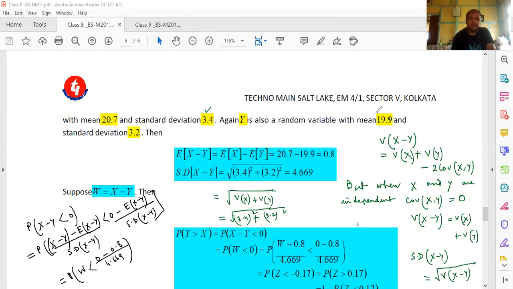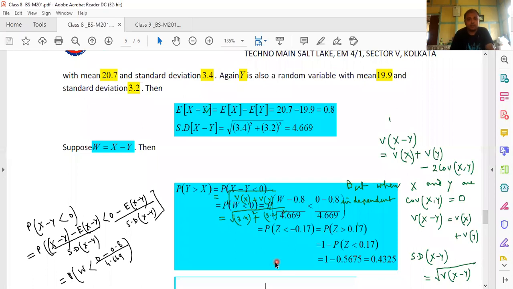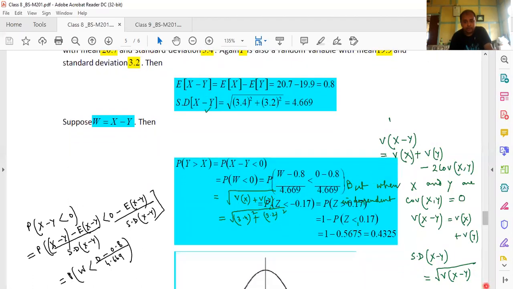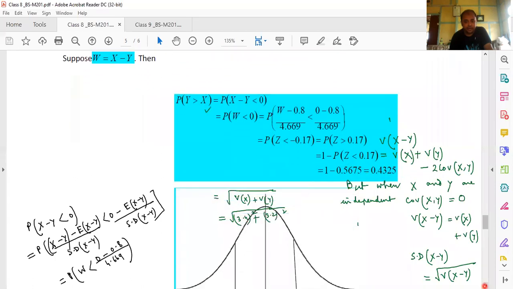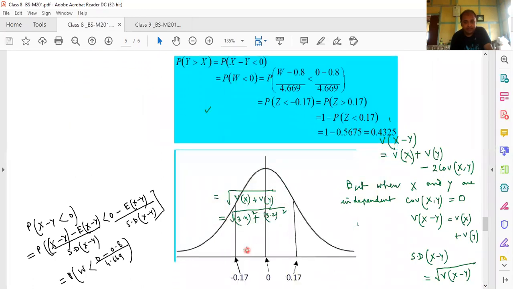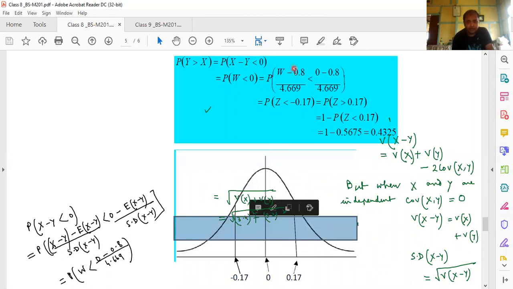And ultimately, they have got an equation in terms of the standard normal variable Z. Do not forget to draw the normal curve, because I am repeatedly saying that for each of the problems, you have to draw the normal curves again and again.